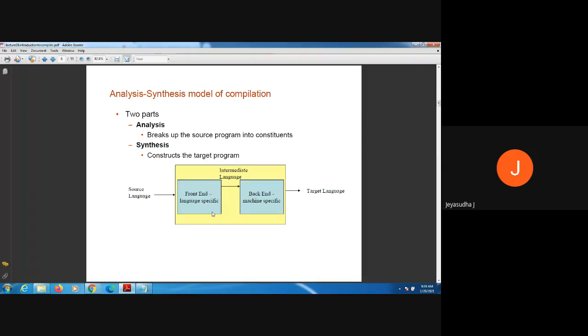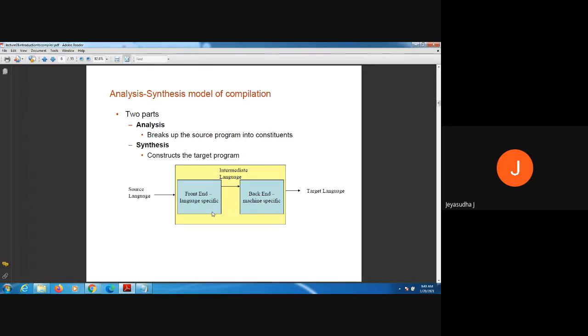So you're going to split the compiler into two parts. The first is the analysis part, and the next is the synthesis part. In the analysis part, you do the first three phases of the compiler: lexical, syntax and semantic. You take the source program and convert it to an intermediate code.